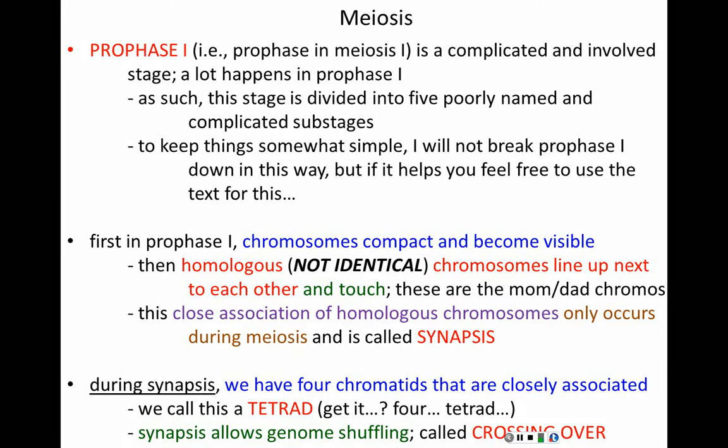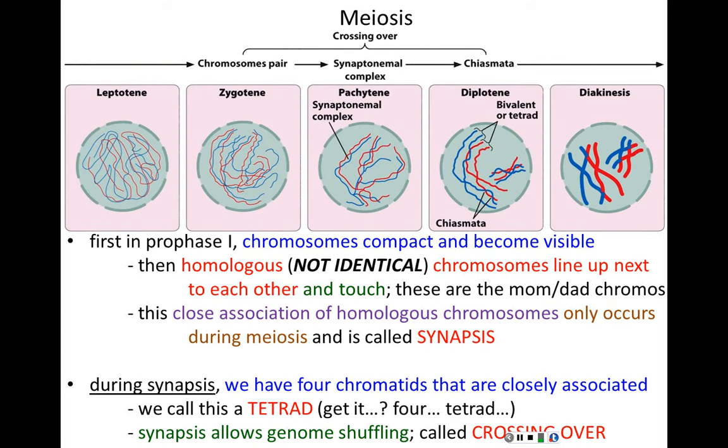It is in synapsis where the genome shuffling truly occurs, and this is referred to as crossing over. Crossing over, not like dying, not crossing over to the other side, but the crossing over of genetic information. So this is Prophase I in all of its complicated glory, and these are the names that I referred to earlier of the substages, but I'll not use those.